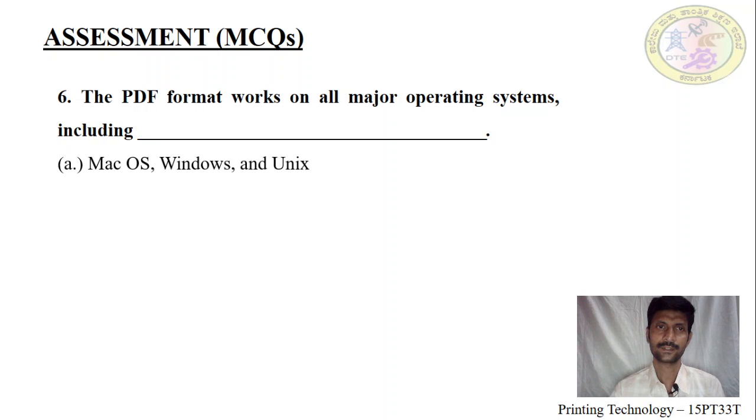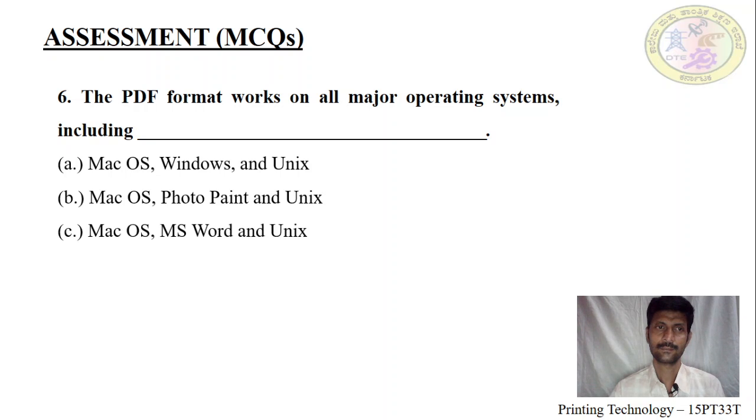Mac OS, Windows, Unix. PhotoPaint, Mac OS, Unix. Mac OS, MS Word, and Unix. None of the above. PhotoPaint and MS Word are application software.